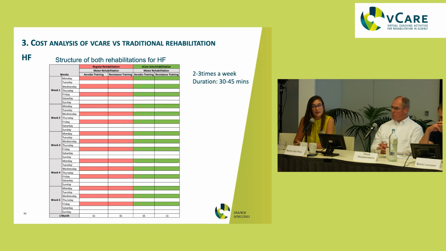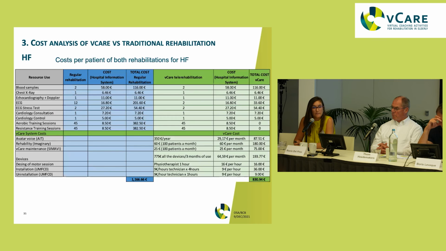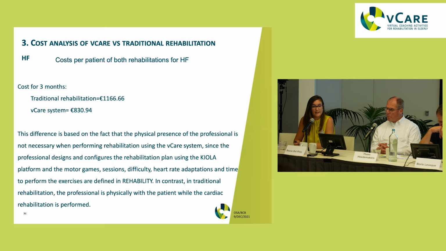For heart failure and again for ischemic heart disease, the structure of the rehabilitation is almost the same. They perform 2-3 times a week, depending on the patient, and each session lasts 30 to 45 minutes. Here are the costs specifically for heart failure. And here is the summary.